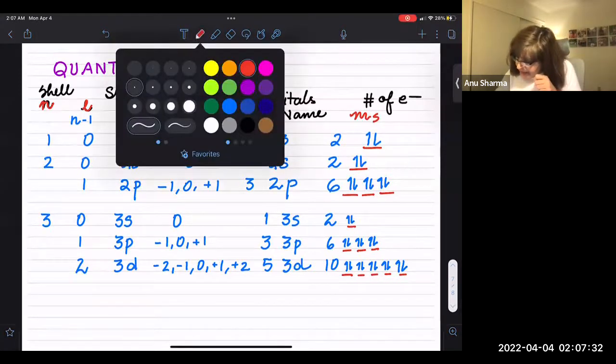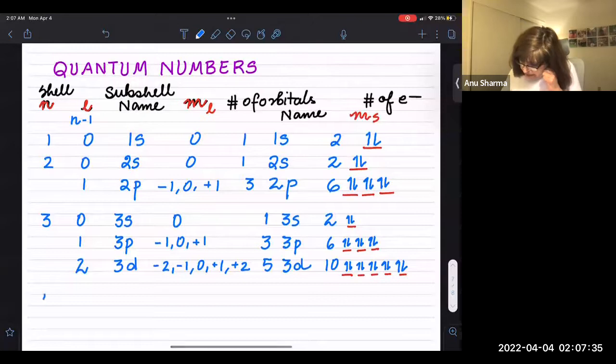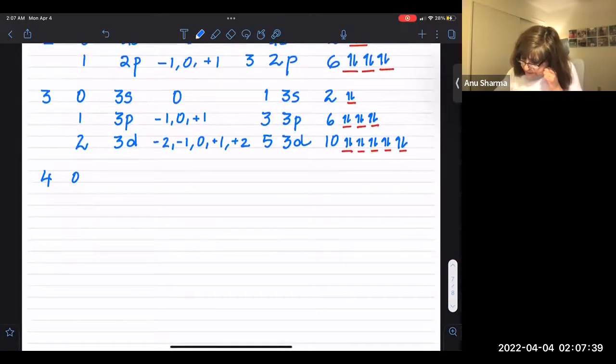Similarly, when n is equal to 4, then L is equal to 0, 1, 2, and 3.